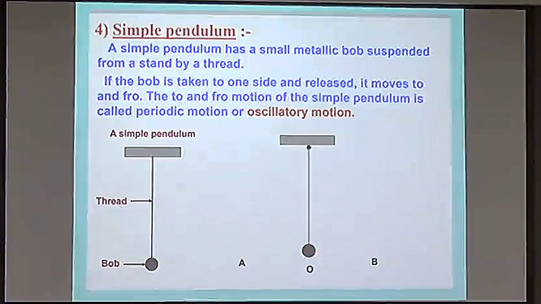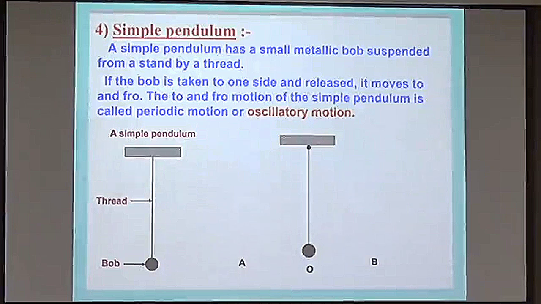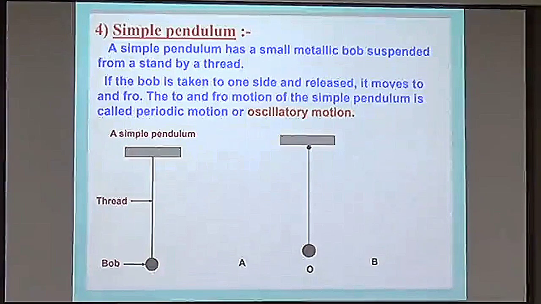When this pendulum is taken to one side and you release it, what will happen? It will move from one end to the other. From the mean position, you take it to one side and then release it, so it will move back and forth, back and forth. This type of motion is called periodic motion or oscillatory motion.